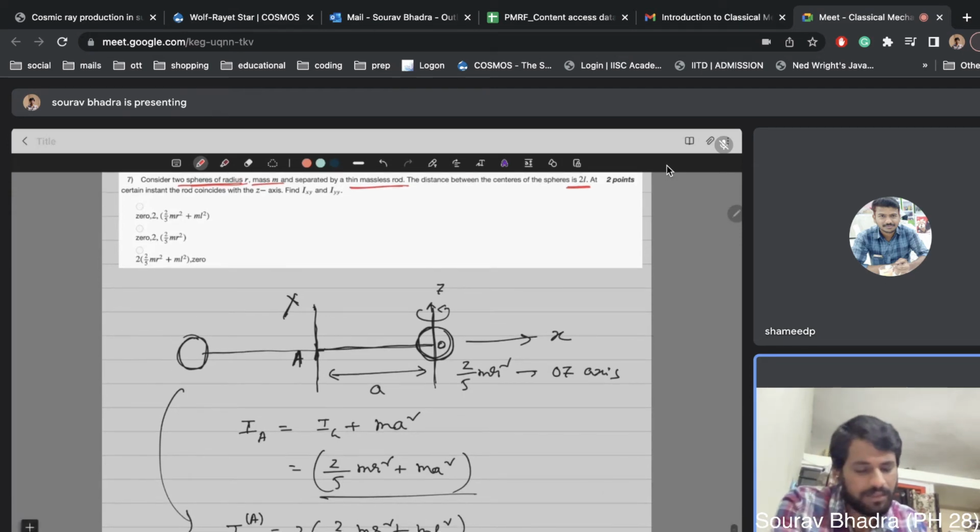It is easy. For a sphere rotating around this axis, it is 2/5 mr squared. This also I have proved in the previous class.